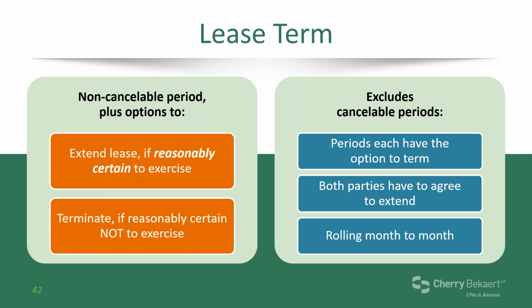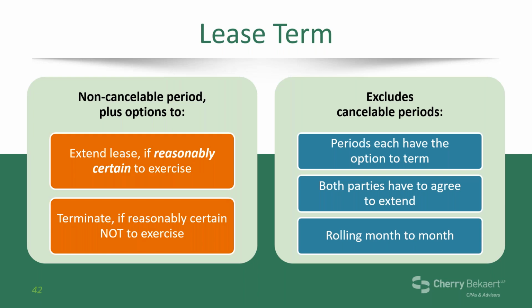These non-cancelable periods include those periods where either the lessee or the lessor has an option to extend the lease if it's reasonably certain that the option will be exercised, or the option to terminate if it's reasonably certain the option will not be exercised.